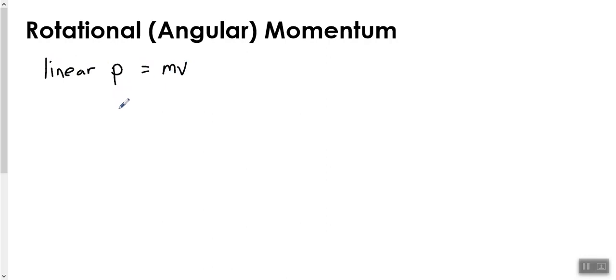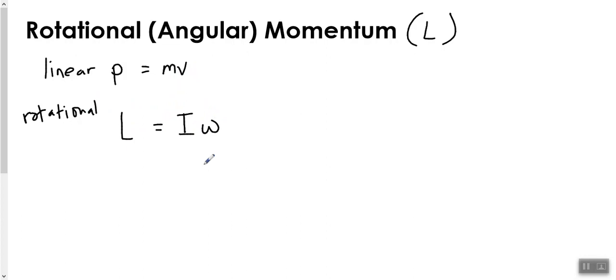Now if we go back to rotation, the symbol for rotational momentum is uppercase L. So we could replace that for rotational, it would be uppercase L, and mass is related to inertia, and velocity is related to angular velocity. So you have that equation.